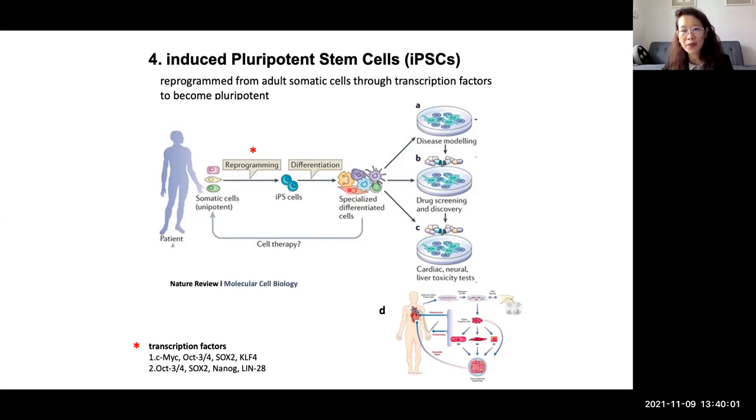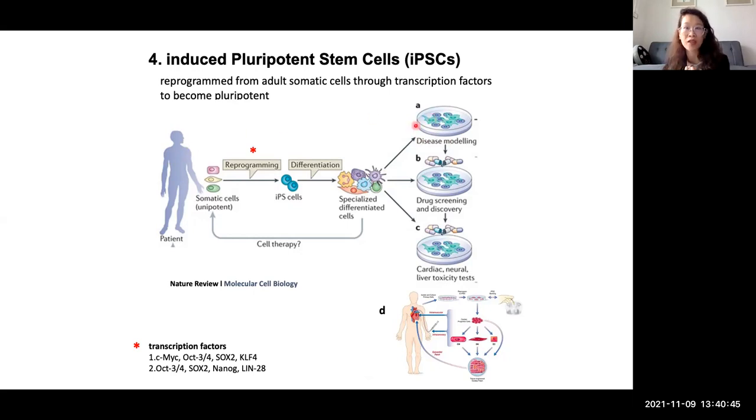And then these specialized differentiated cells can go back and treat this patient when he gets sick, right? But this also has other applications, A, B, C, D. The tissue engineering part that we will probably be involved in the most is D, and I will talk a lot more about it. But I want you to know there is other potential as well. When we have pools of stem cells, we can generate disease models of this patient. It's very customized and precise.